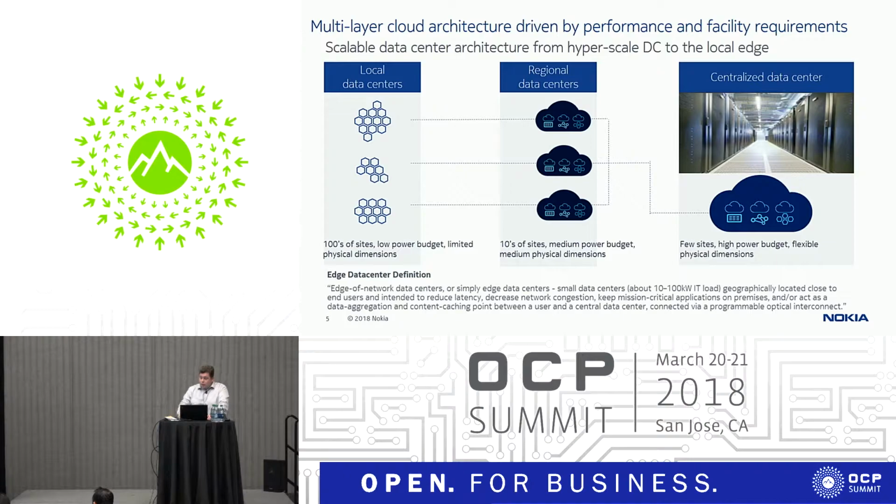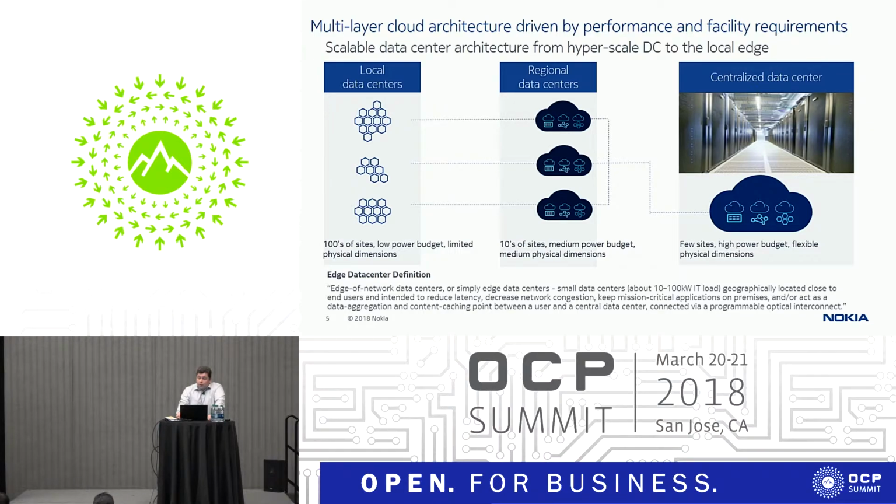So the way we are addressing this is seeing different kinds of tiers in the data centers. The centralized data centers on the right-hand side of the slide. This is with a few sites with rather high power budgets, and the physical dimensions of the servers and the racks can be basically whatever is required by the hardware itself.